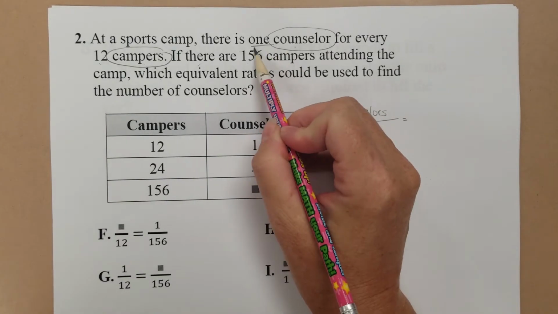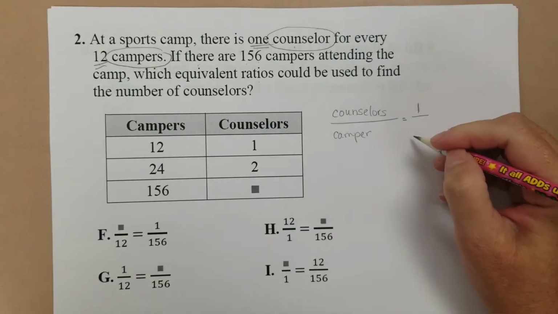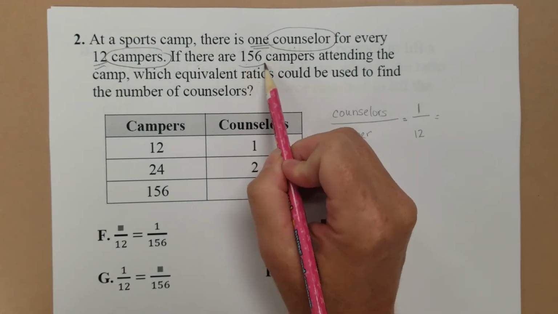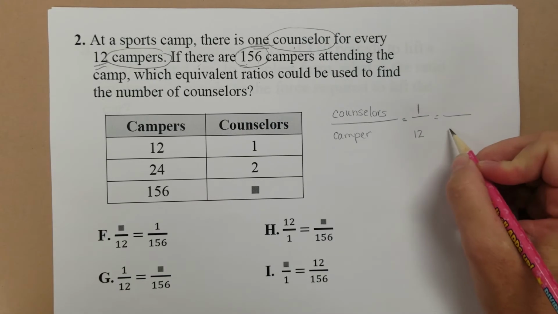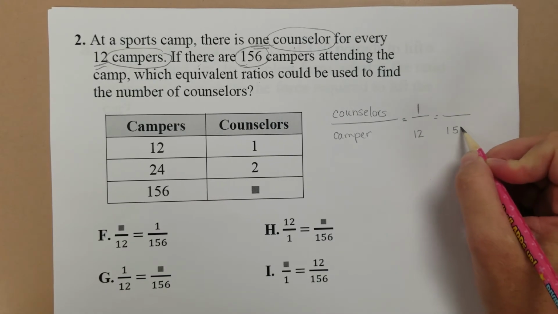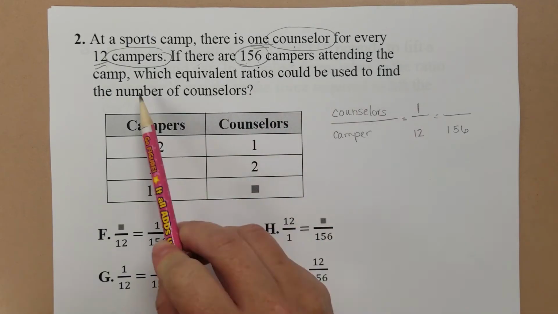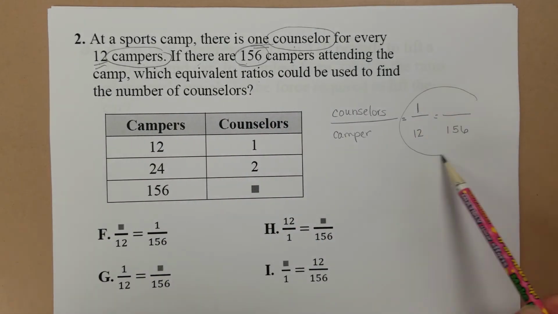Well, the ratio they give me is 1 counselor to 12 campers. And then our question is asking us, what if we have 156 campers attending? Which equivalent ratio could be used to find the number of counselors? Well, here I have my little problem.